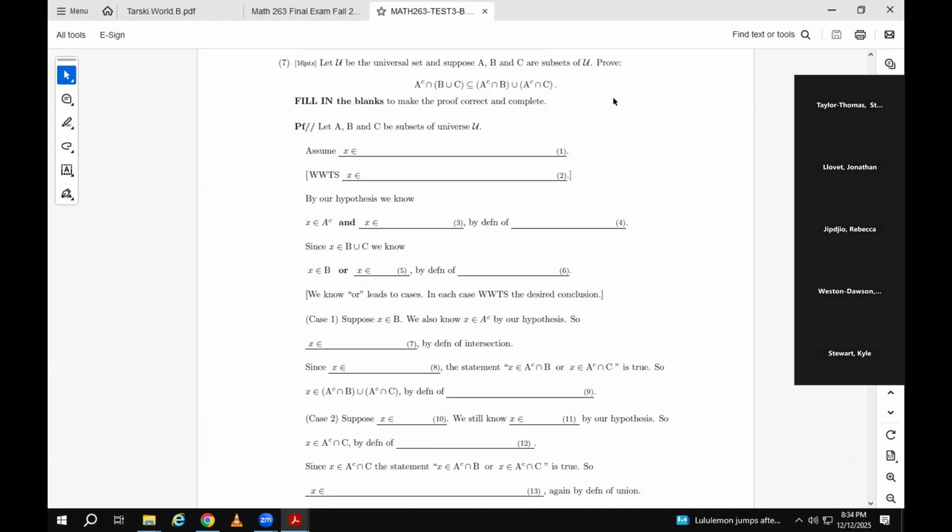But you do have to know what intersection and union and set difference and set complement and subset mean. You do need to know the basic strategy for proving subset inclusion. It's called an element chasing argument. If we want to show that this set on the left is a subset of the set on the right, we take an element from the set on the left and we chase it literally until it lives in the set on the right.